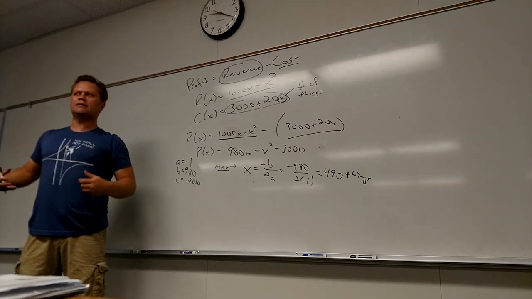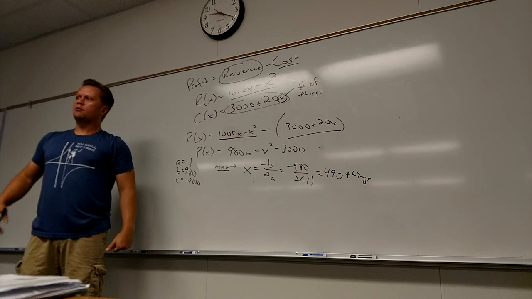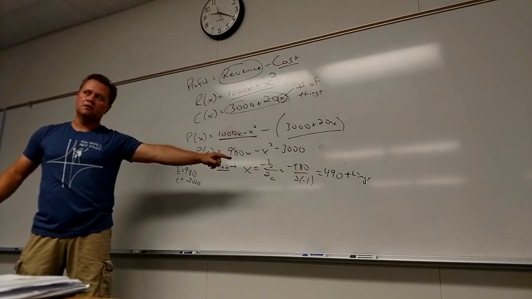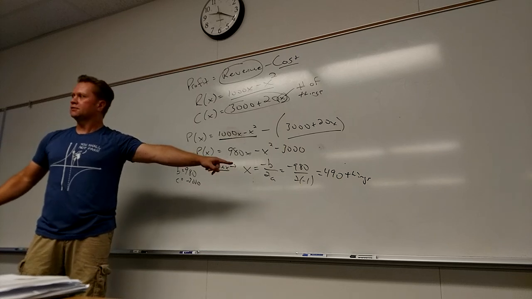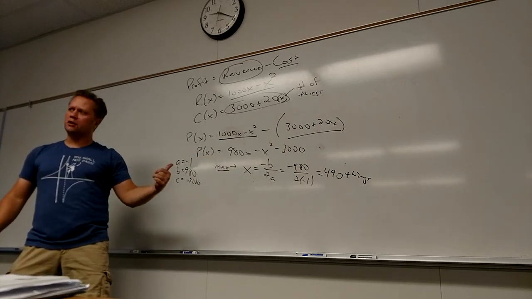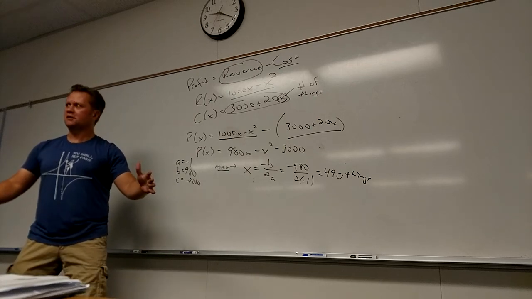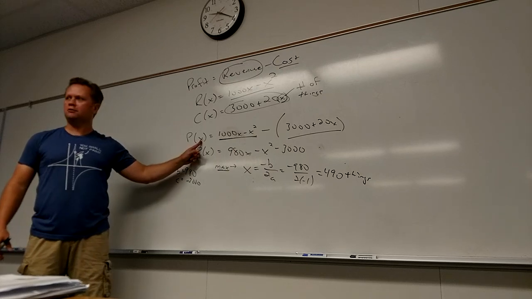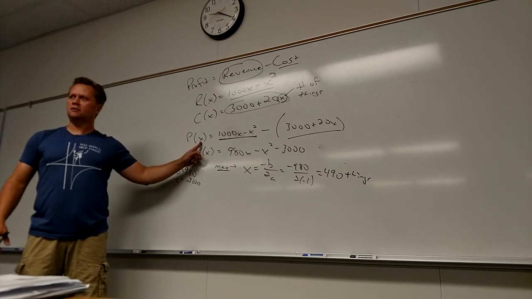Now what if I said, what is that profit going to be? How would you find how much money I will make for 490 things? Do we have a profit function up here? Yes. And what do I need to know to figure out a profit? I need to know an x value, don't I? Do I know an x value? Yes.